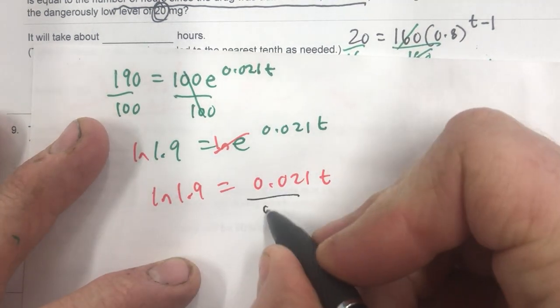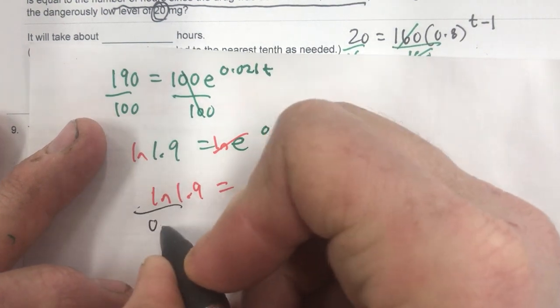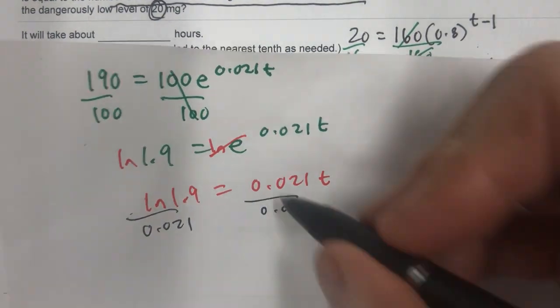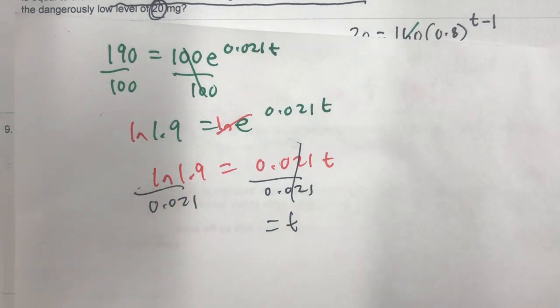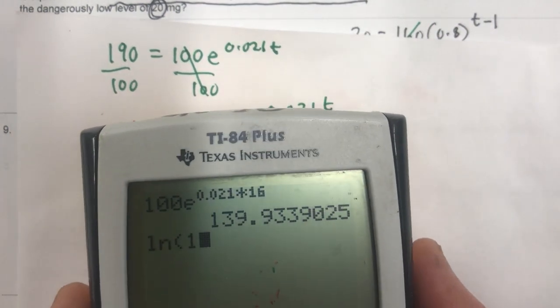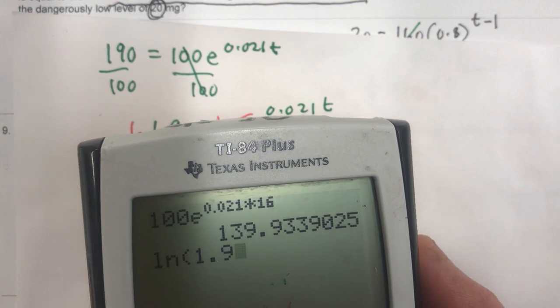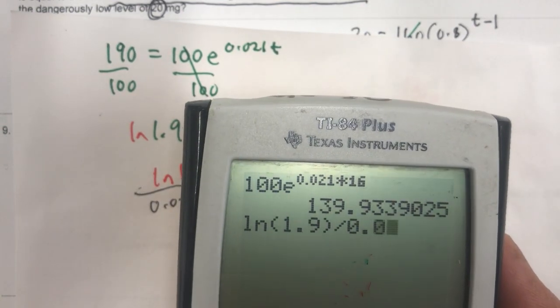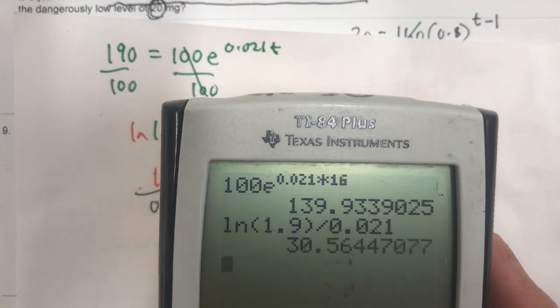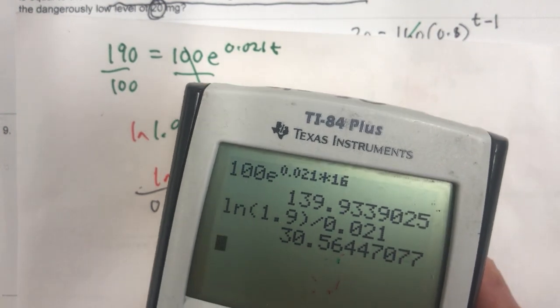And now I'm going to divide by 0.021. This will cancel off, and t equals, let's see here, natural log 1.9 divided by 0.021. And I get this: 30.56.